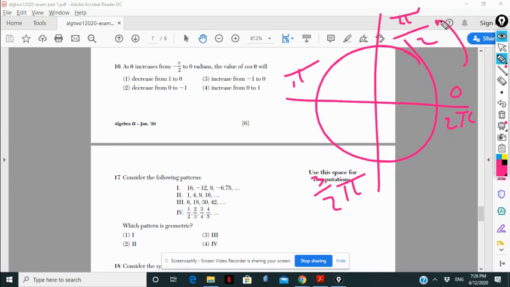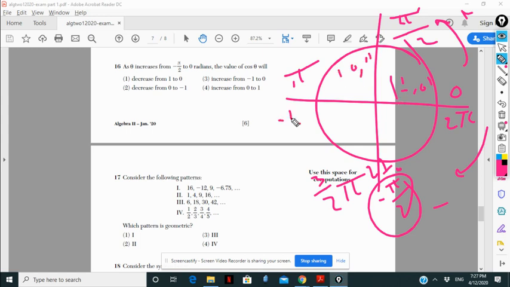So if I go this way, that's positive. If I go this way, that's negative. He said from negative pi over 2. What are the coordinates? Here it's 1 and 0, 0 and 1, negative 1 and 0, 0 and negative 1.